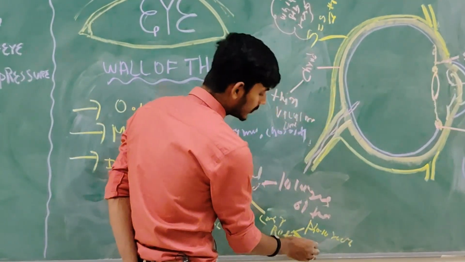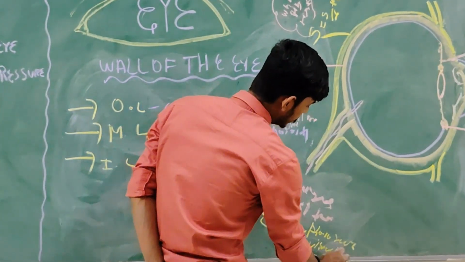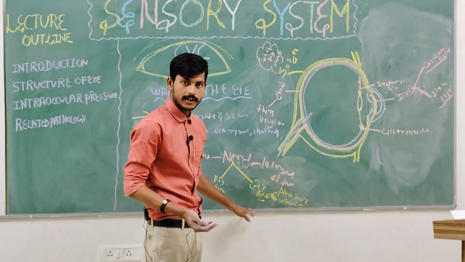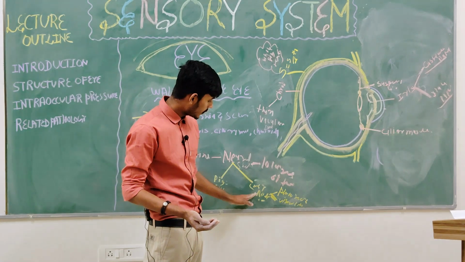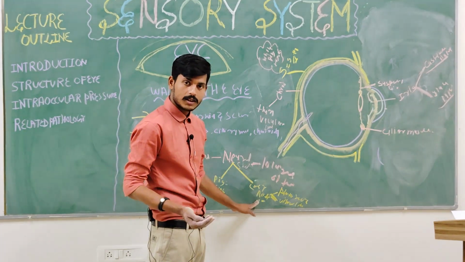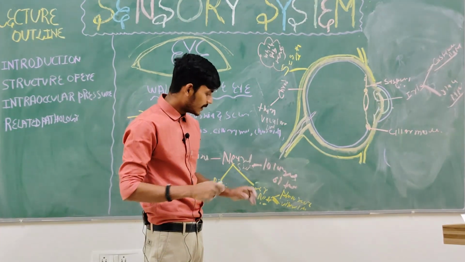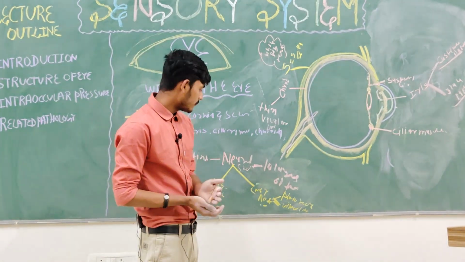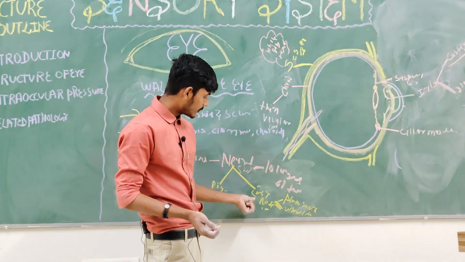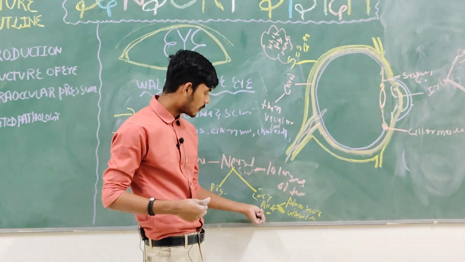There is also a chemical basis: have you heard of rhodopsin? But their names are due to their shape. They appear cone shaped, so they are called cones. They appear rod shaped, so they are called rods.